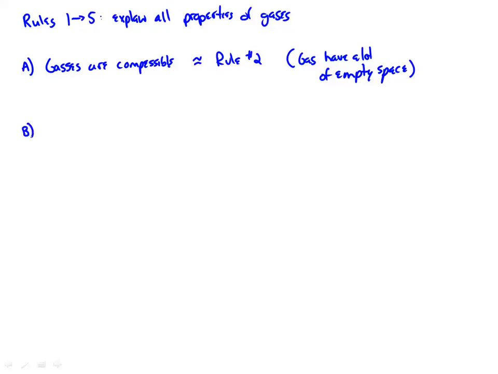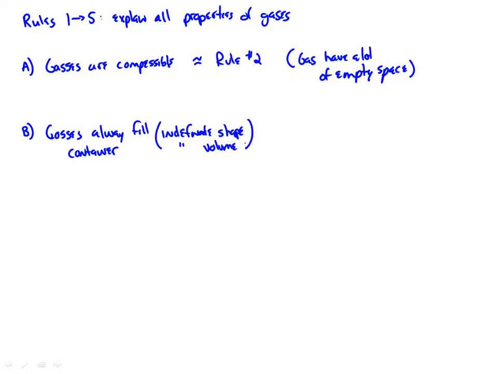We know also from our observations of gases, and this is even going back to Chapter 1, that gases always fill their container. In Chapter 1, when we were talking about solids, liquids, and gases, and I forget, it might be Chapter 2 in your book, what we're really saying is that they have indefinite shape and indefinite volume, meaning gases can have any shape, they'll fill any container, any room.